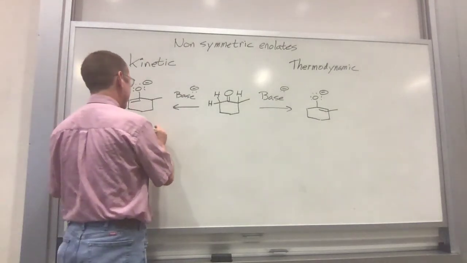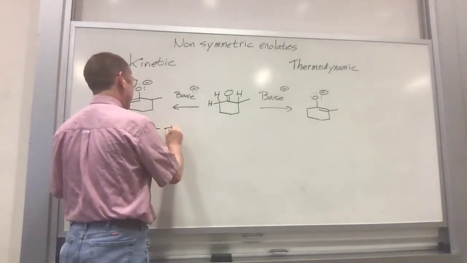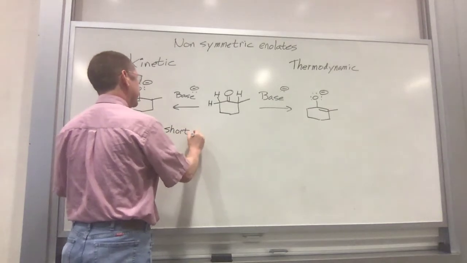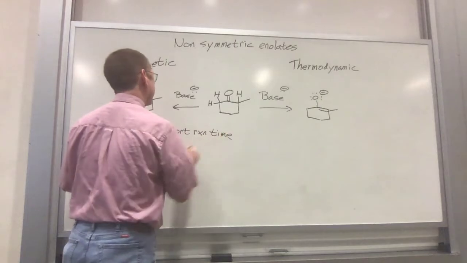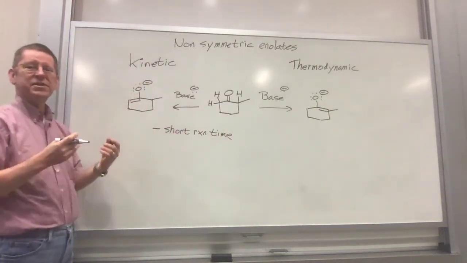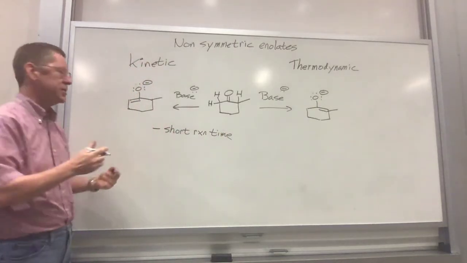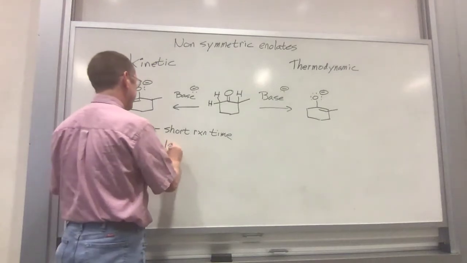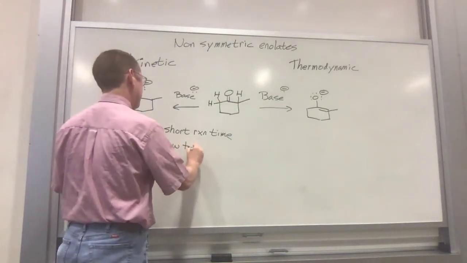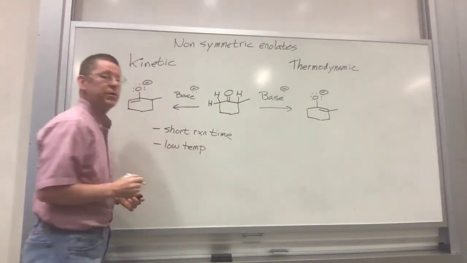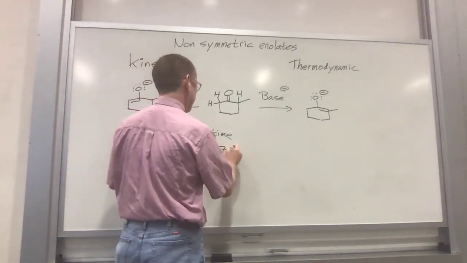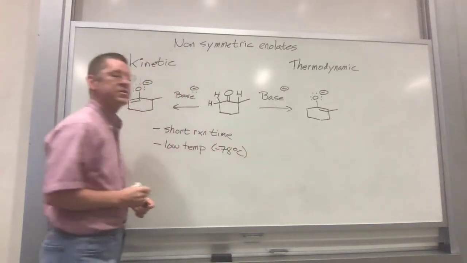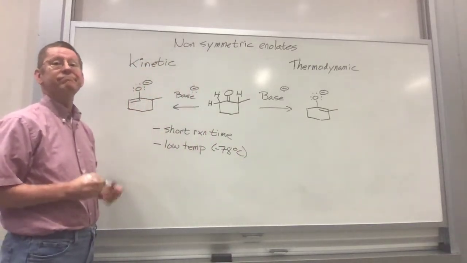To favor that, we can typically go with a short reaction time. We can also give this system as little energy as possible. So we want a low temperature. And by low temperature, we're usually talking about minus 78 degrees centigrade, really cold.